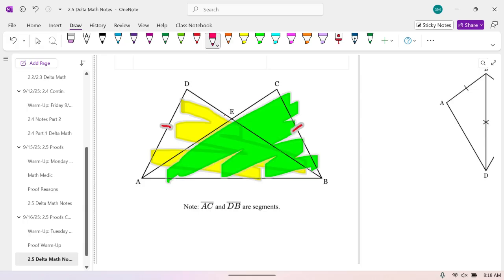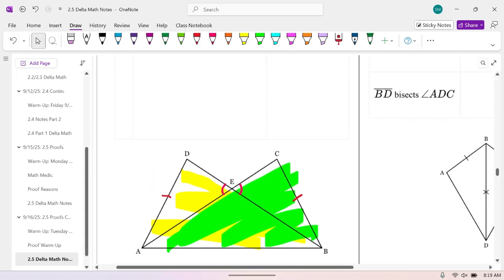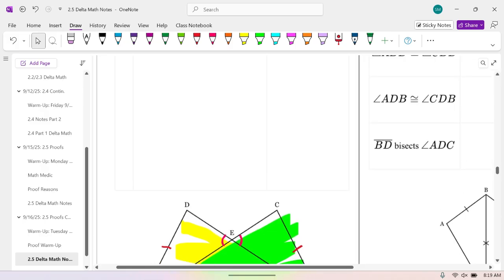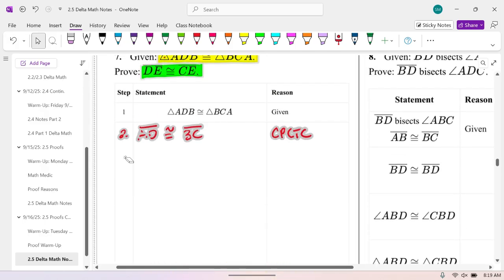So angle DEA and CEB are congruent because they're vertical angles. All right.